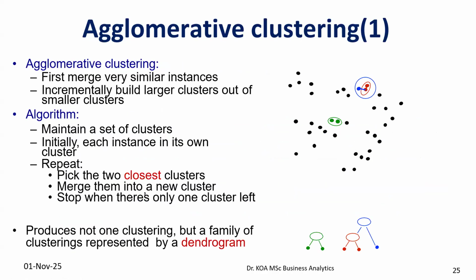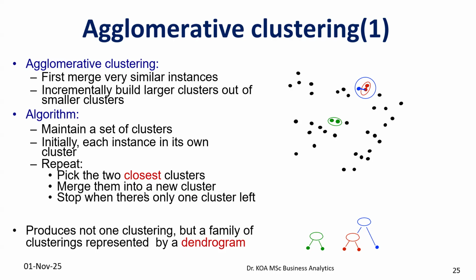Now look at agglomerative clustering. First, we merge very similar instances like this here. I know it might not look clear that they are instances, but we merge them. And then we gradually build larger clusters out of the smaller clusters. So you might have these 2 and these 3, and then you can decide to combine each one of these.